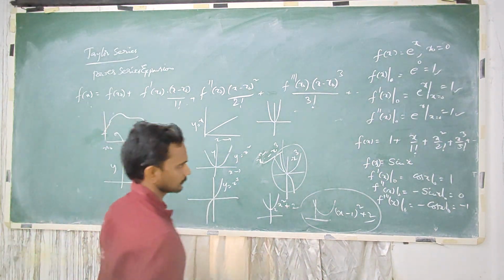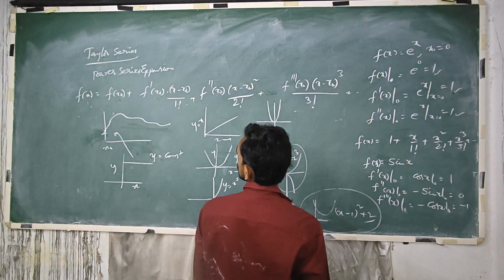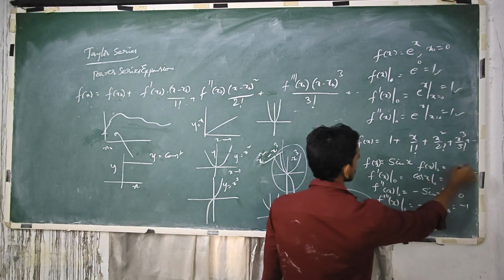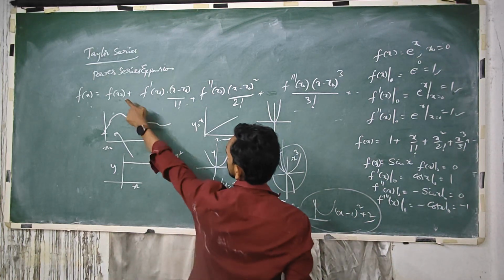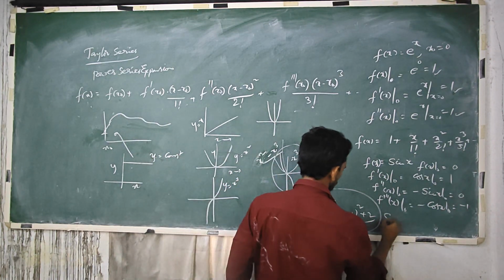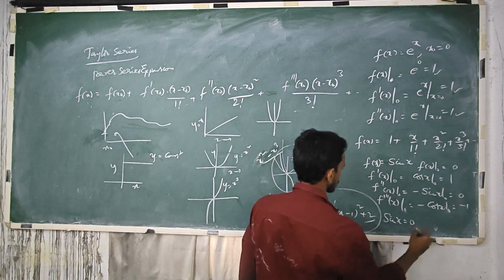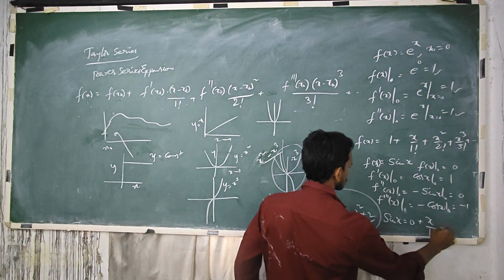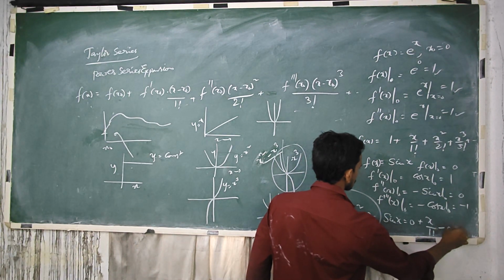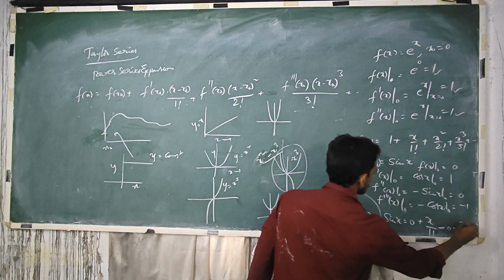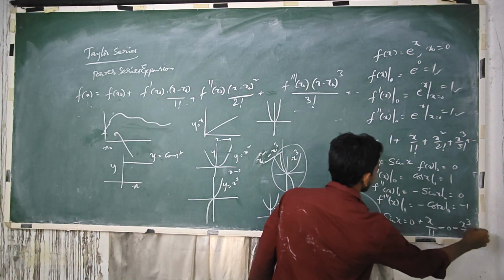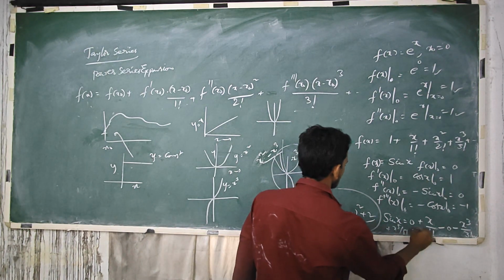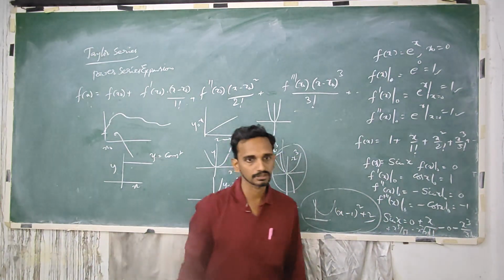And first number is 1. So f of x at 0 is 0. So we will be left with 0 plus x by 1 factorial minus 0 minus x cube by 3 factorial plus x power 5 by 5 factorial minus x power 7 by 7 factorial, like that.